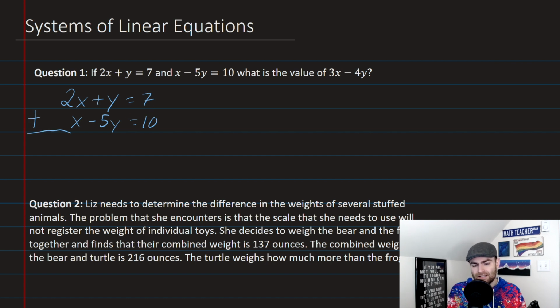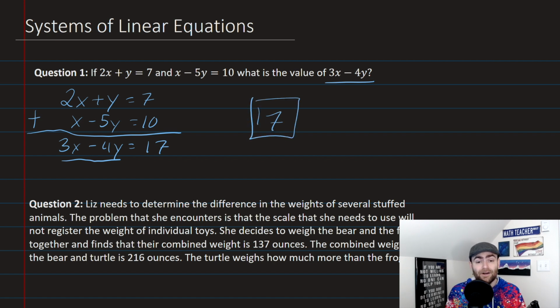Let's add these together and see. 2x plus x is 3x. 1y plus negative 5y is negative 4y. And 7 plus 10 is 17. Now I have the expression I want, 3x minus 4y, equal to 17. So that is the value.